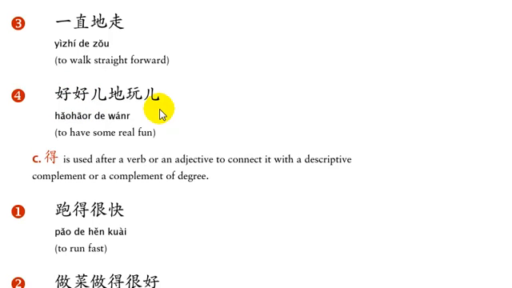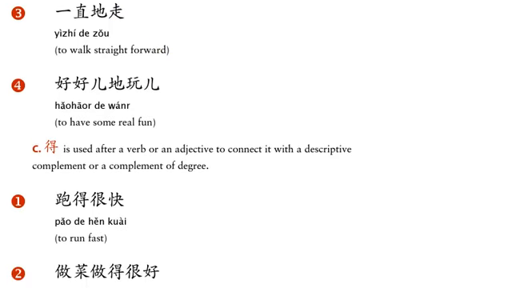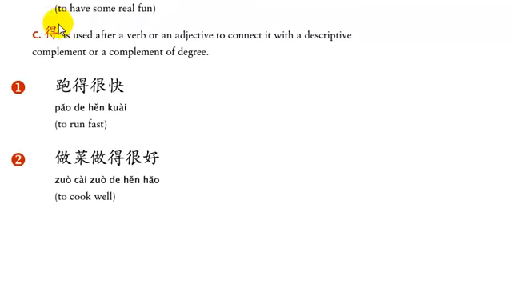Okay, so in this case we saw verbs being modified. Okay, now here with 得, it's used after a verb or an adjective to connect it with a descriptive complement or complement of degree.